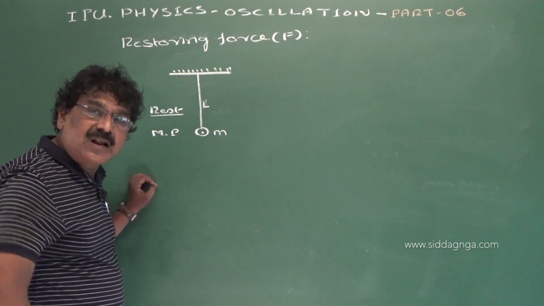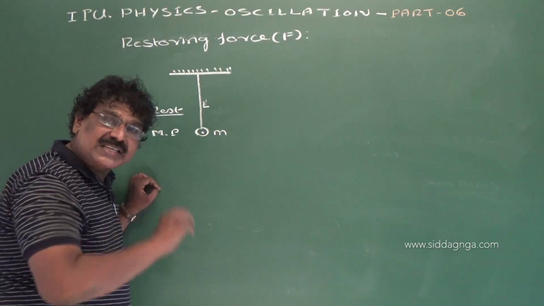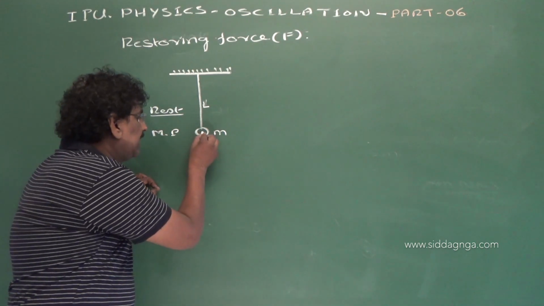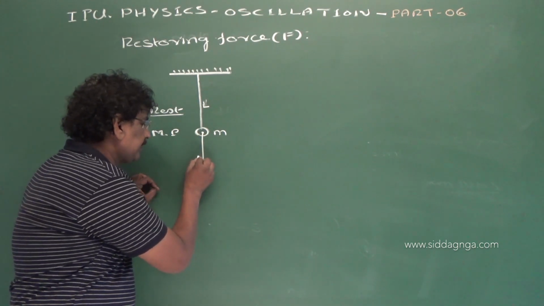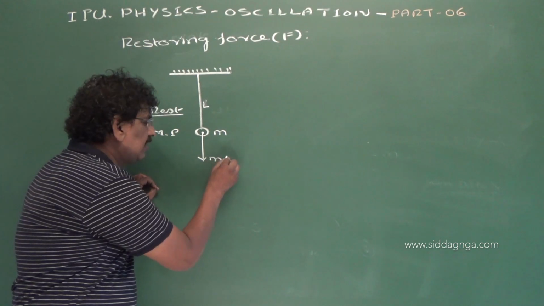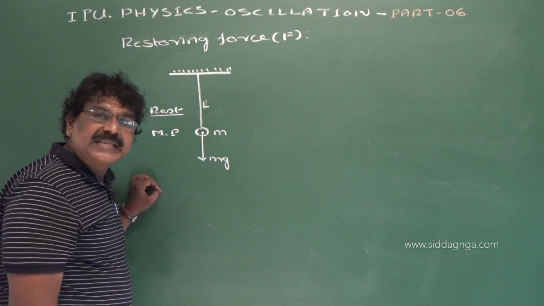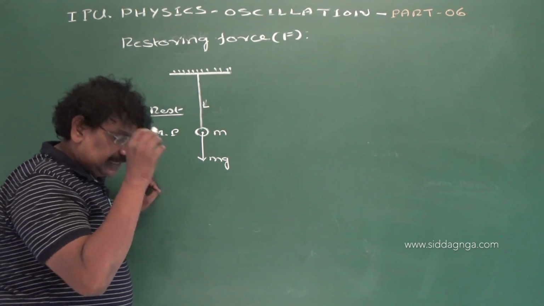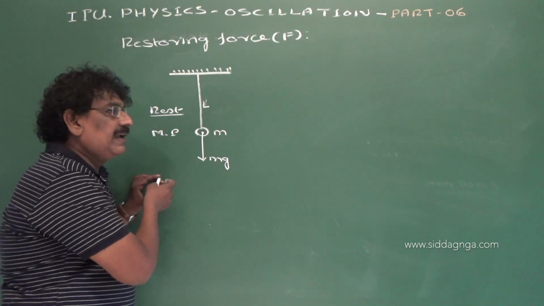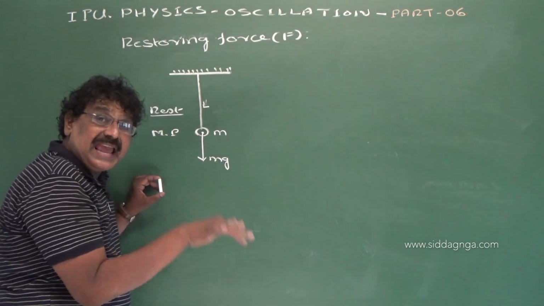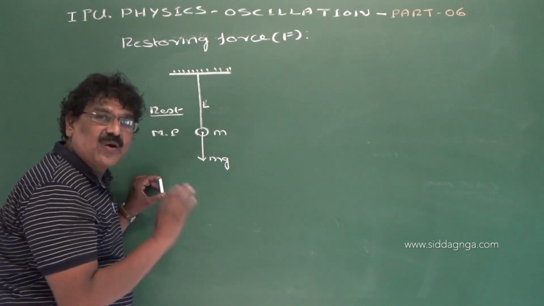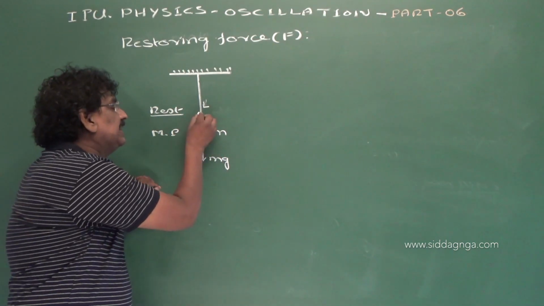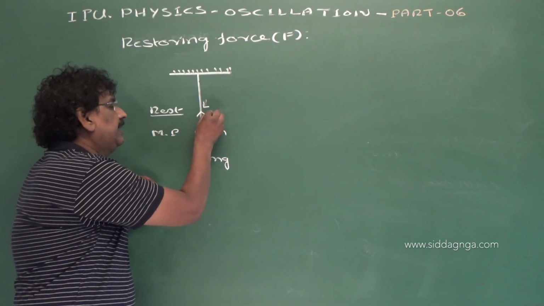Now, when we consider what are the forces acting on the system, here obviously the weight of the bob is acting vertically downward, but still it is hanging in air, not falling down, because it is held by the string.